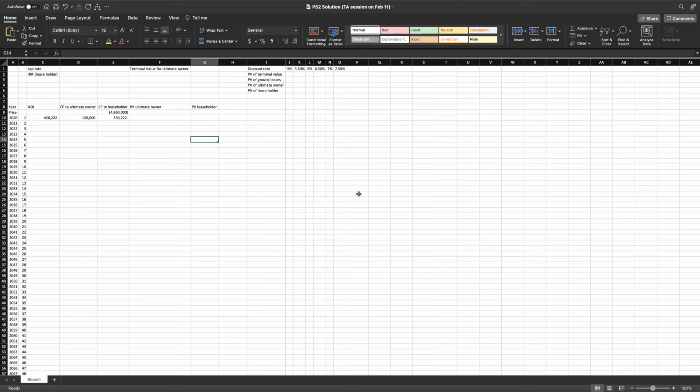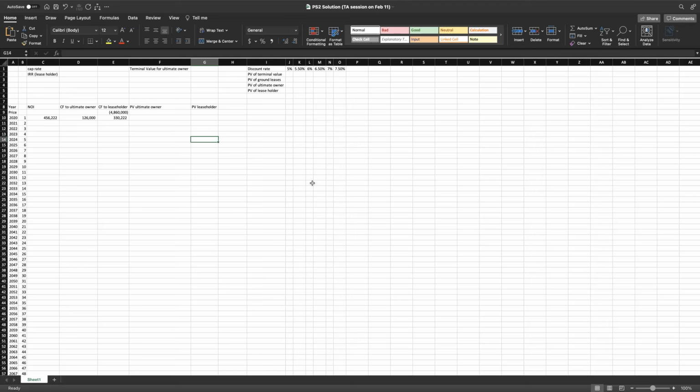On the brochure, the numbers start from the rental income, which is 466,000 something. And there are some expenses, and there are NOI and the ground lease payment and NOI after ground lease payment. The information before NOI is assumed out in my solution.